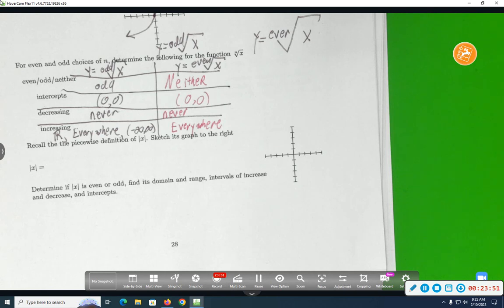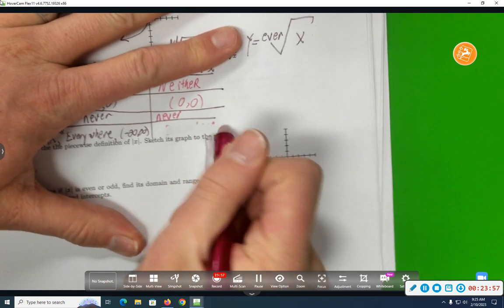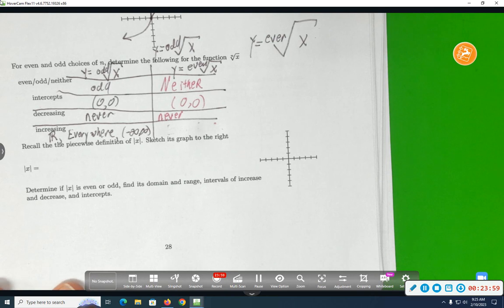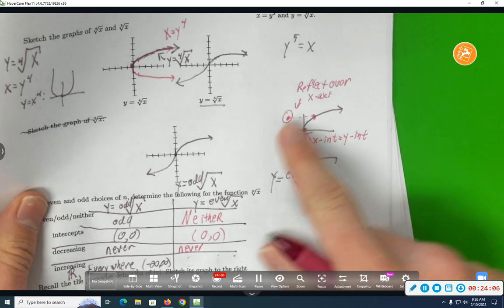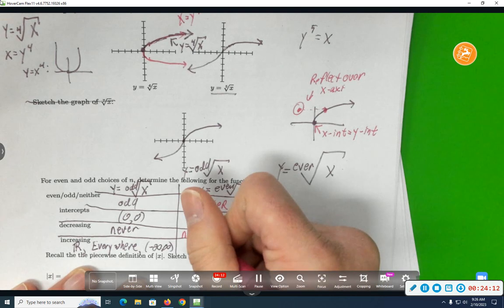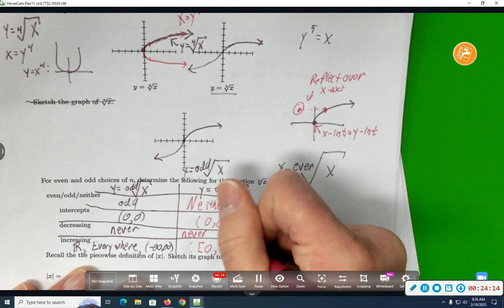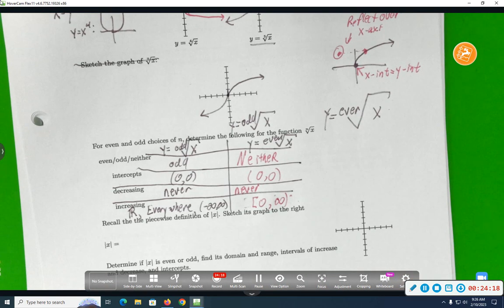It can't be increasing in a place where you can't compute it. So where is this thing actually increasing? I guess it's its whole domain. By looking at this graph, you compute the domain? Zero to infinity, including zero. Nice. Folks feel pretty good?